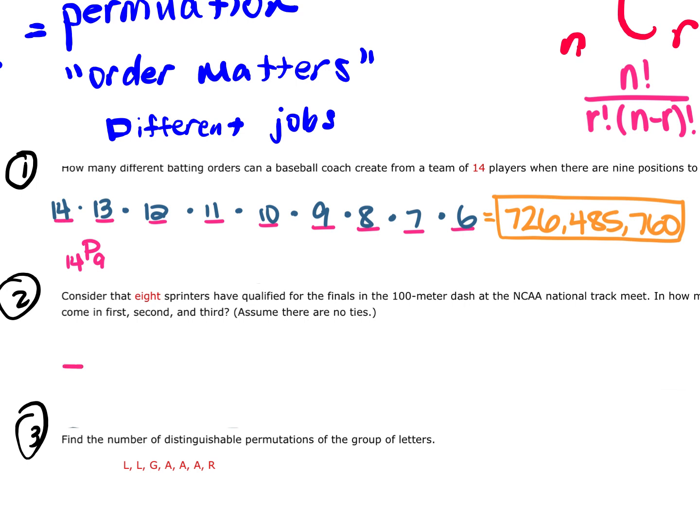So I would do 1, 2, 3. My first one, I would have 8 people to choose from. The second would be 7, and the last would be 6. If we multiply all of this, or do our permutation of 8 permutation 3, this would end up giving you a total of 336.